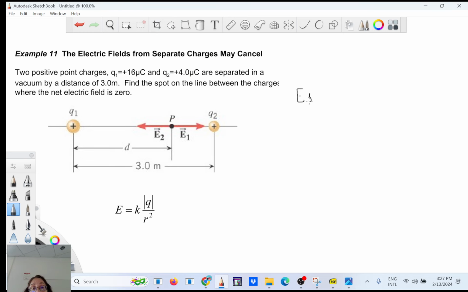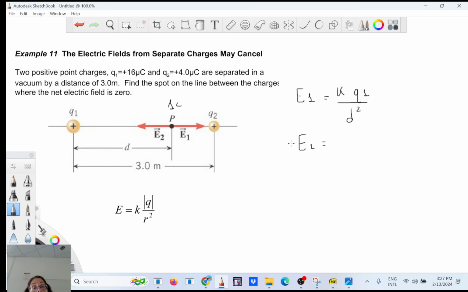So E1, the electric field due to Q1, for 1 coulomb, is going to be K times Q1. On the denominator, that will be the distance between the source and where you place your 1 coulomb. So that distance will be D squared. Do you agree? And then E2, I'm talking about magnitude here.